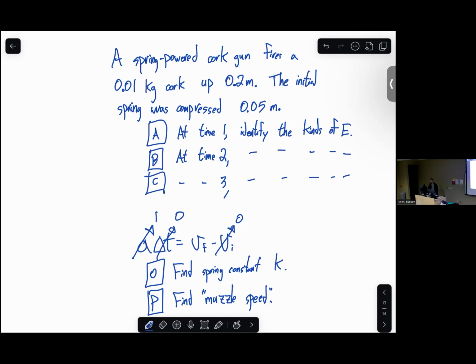Thou shalt think carefully about the final height of the object, by the way. Hint, hint, hint.